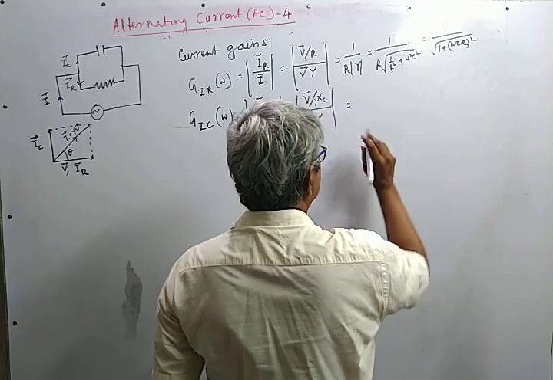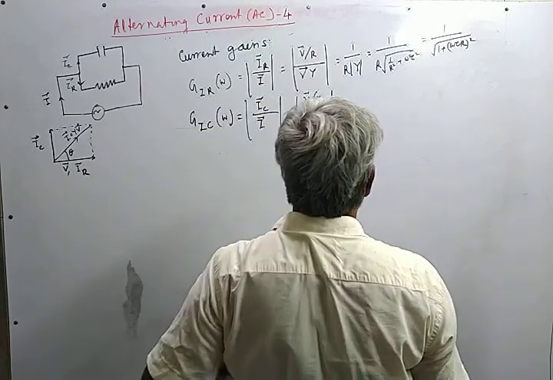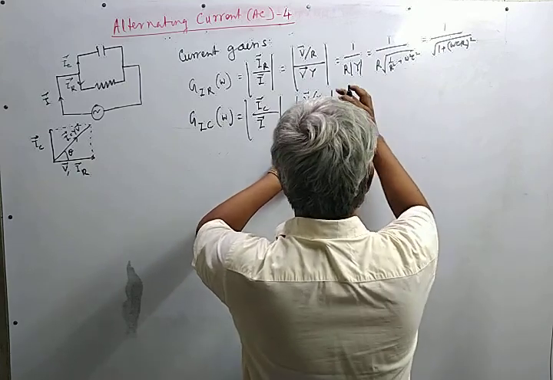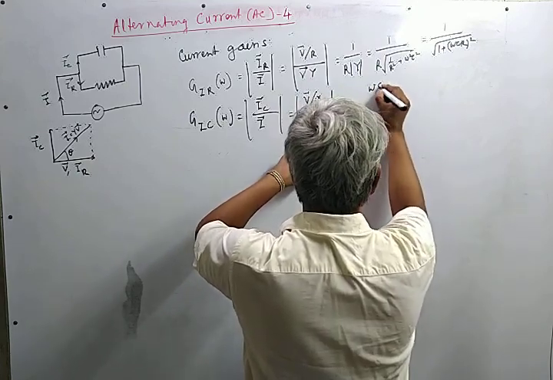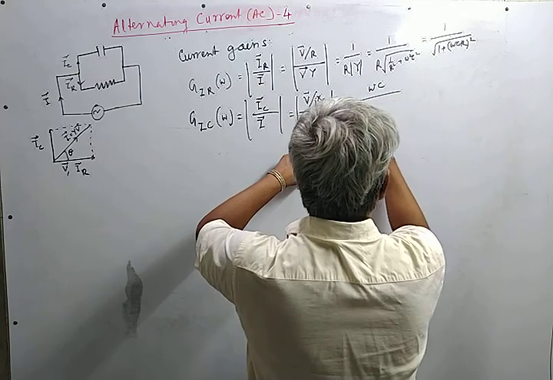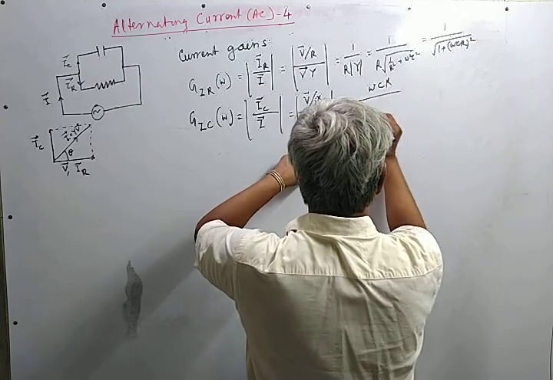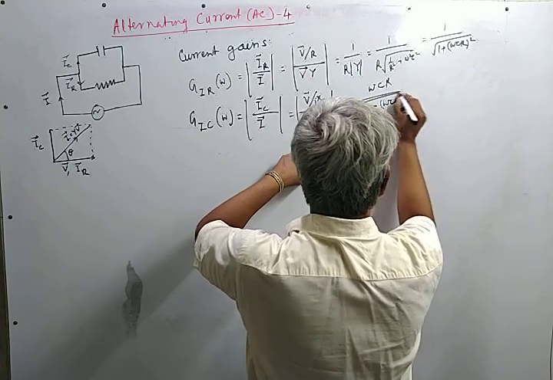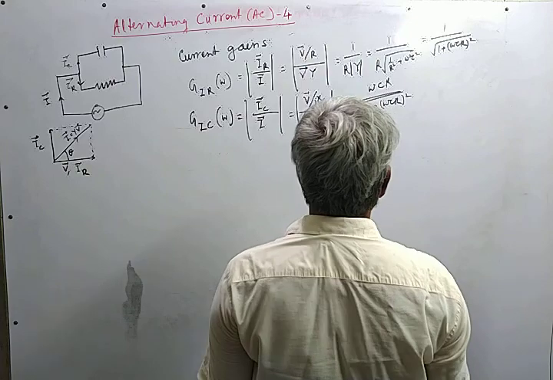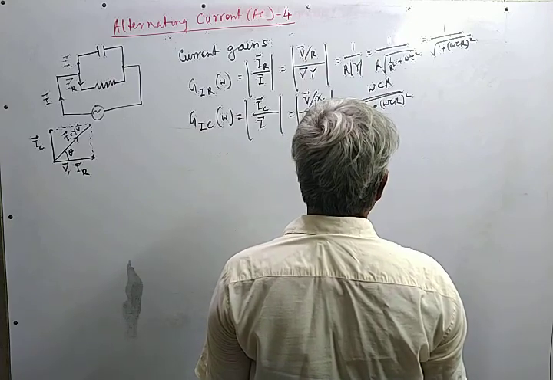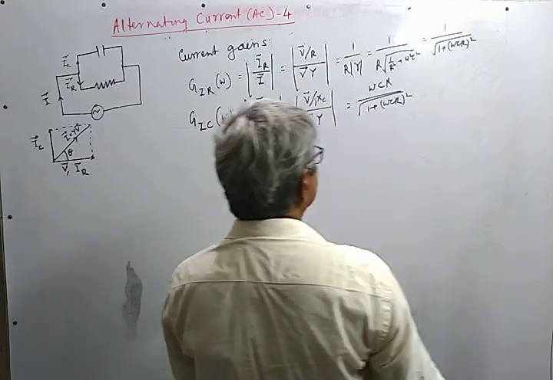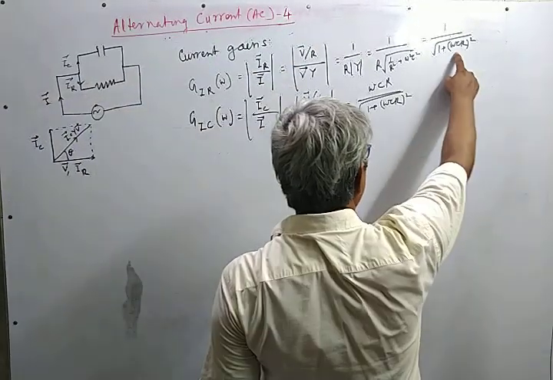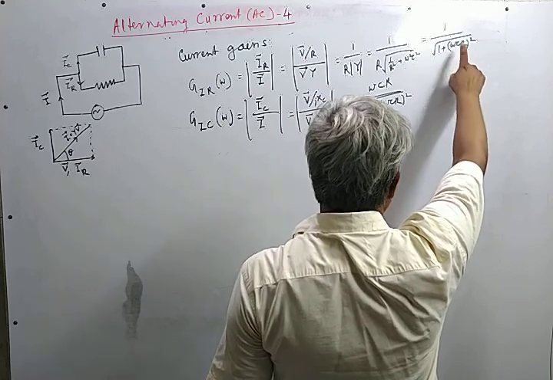On simplification, this is the expression, and we see that at omega equal to 0 this is 1, and as omega goes to infinity this goes to 0.